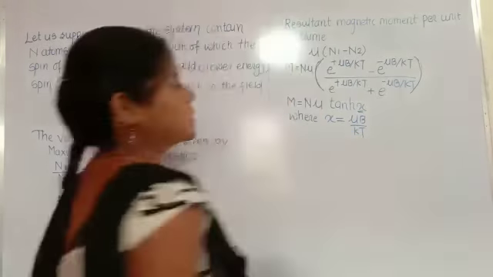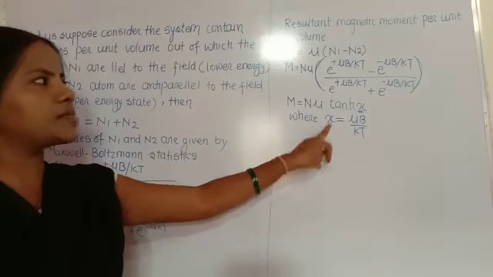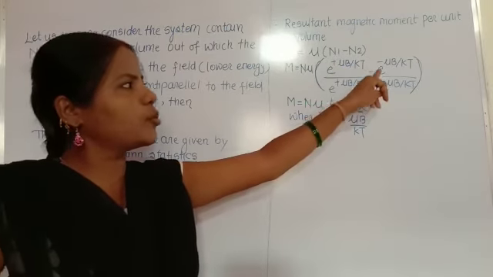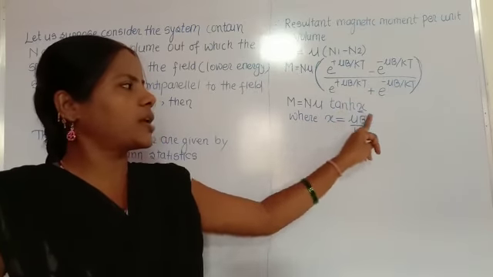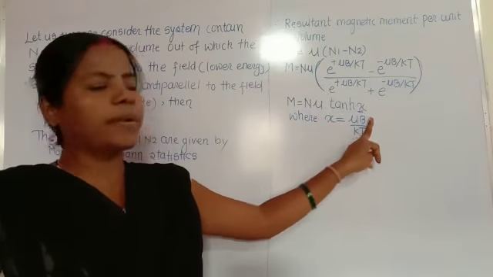Taking x as the constant, e to the power plus x minus e to the power minus x divided by e to the power plus x plus e to the power minus x means tanh x, where x equals mu_B B by kT.